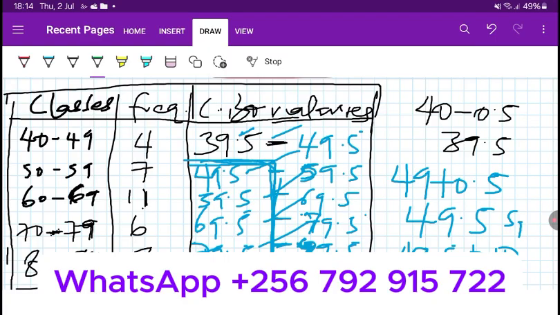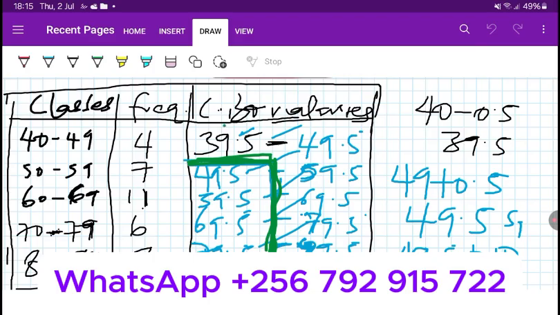So I hope you are getting the picture. So these are the ones that we are going to take to label our chart. So you just draw this, as I told you, something like a 7 from the first class until you finish all the classes, and then we go with that.